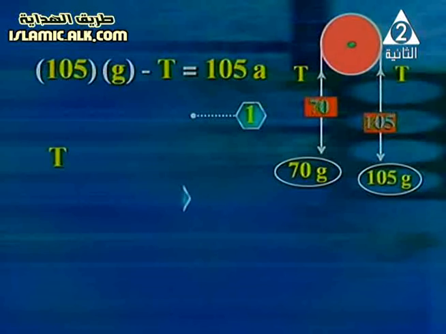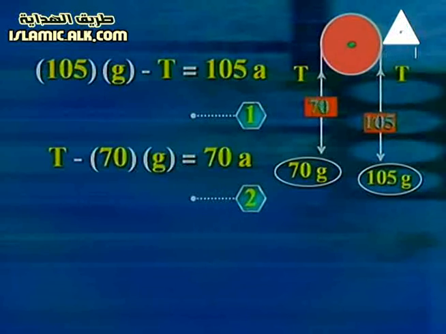The second equation of motion: T minus 70g equals 70a. Remember the motion is vertically upward in the direction of the greatest body, 105.